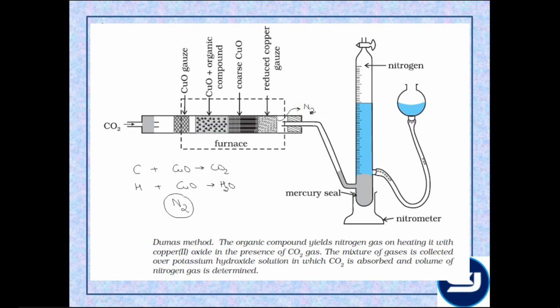The other gases will be absorbed in this porous copper oxide. Now this nitrogen gas, which is highly heated gas, is passed through the mercury seal and it is collected over water. So this is the moist nitrogen which is collected above the water.